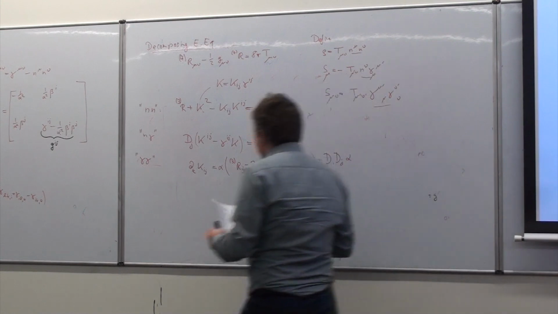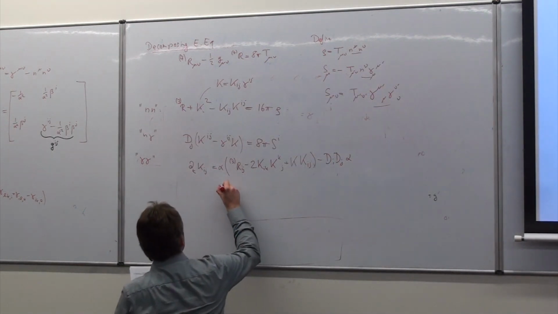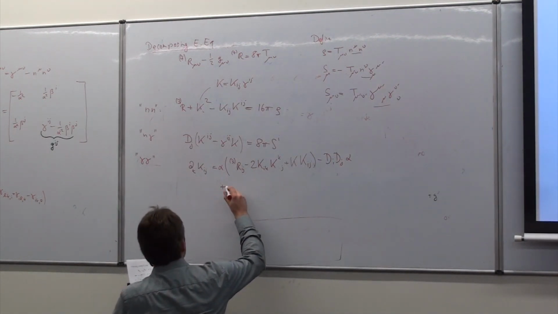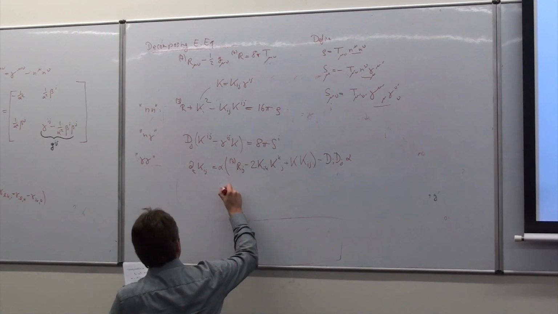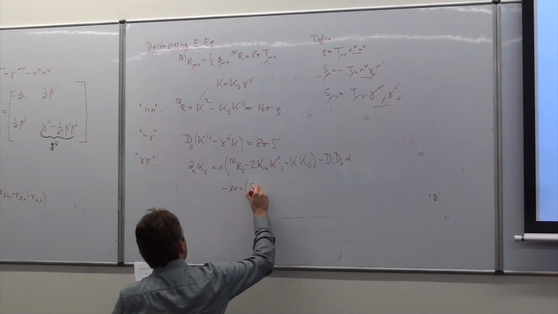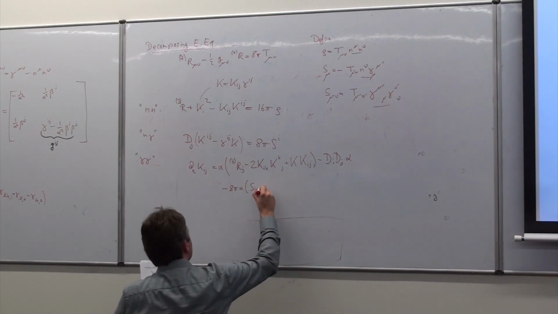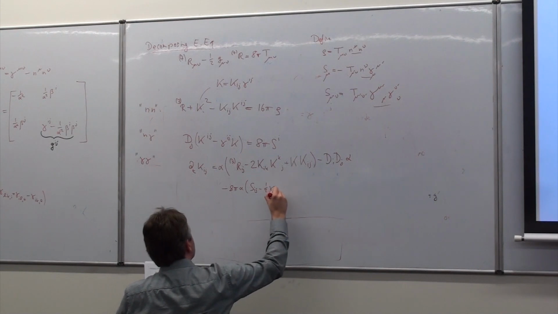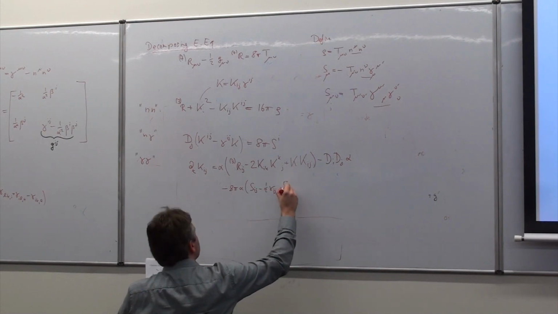Then there are terms that have matter in it, minus 8 pi alpha times S_ij minus 1/2 gamma_ij S minus rho.